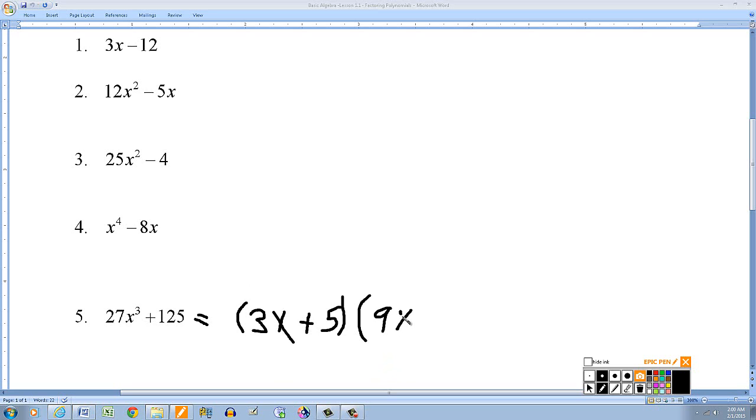And then remember, the sign that follows is always the opposite of the sign over here in the first parentheses. So this should be minus, and then it's the product of those roots. So 5 times 3x is 15x. And then it's plus the second root, cube root I should say, squared.